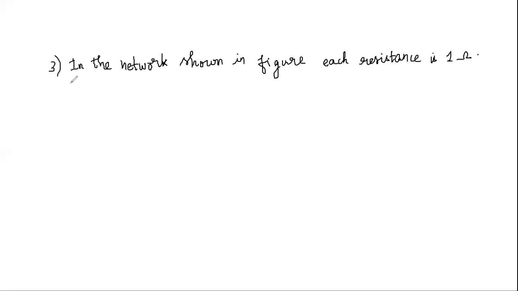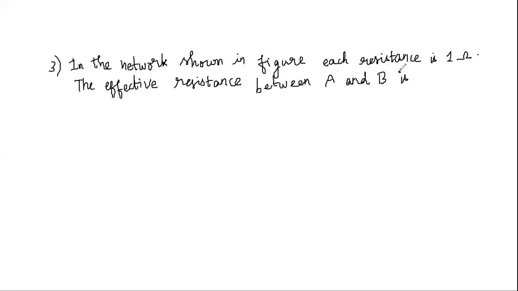The effective resistance between A and B is. So in the network shown in figure, each resistance is 1 ohm. The effective resistance between A and B is. Okay. So I will be drawing the circuit now.